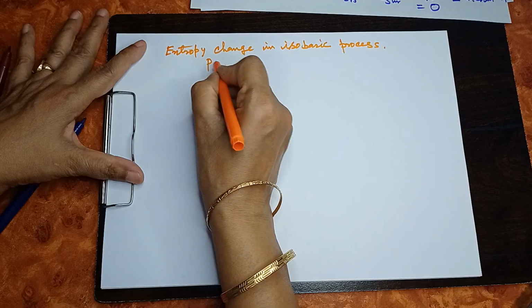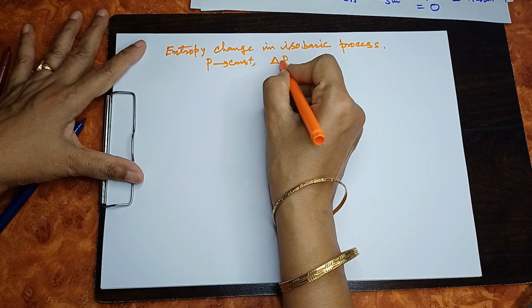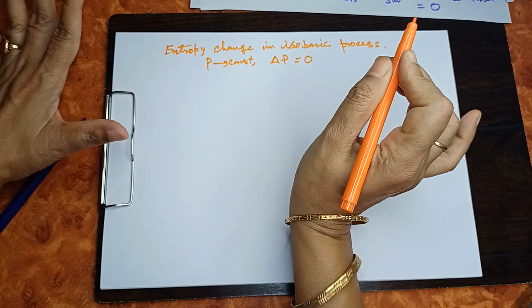Isobaric means pressure constant, that means delta P is equal to 0.